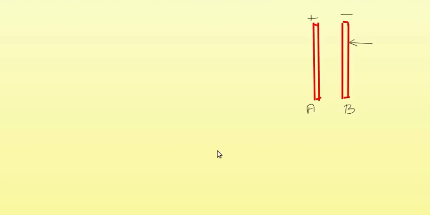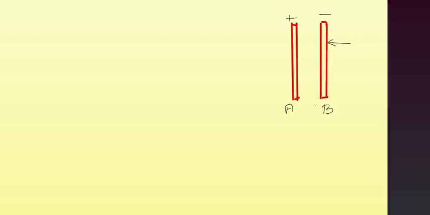So first we may discuss the case of a capacitor. A capacitor is an arrangement of two oppositely charged sheets. That means one sheet is positive, the other one is negative. So here A represents a positively charged sheet, and B represents a negatively charged sheet.